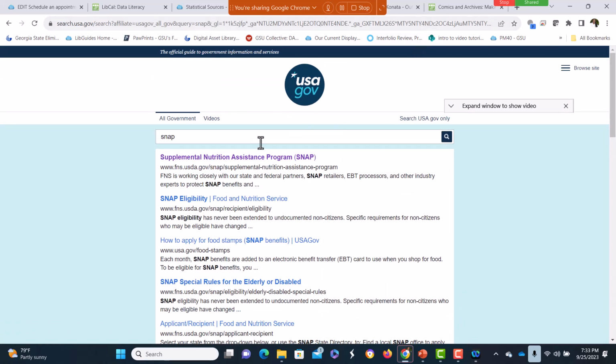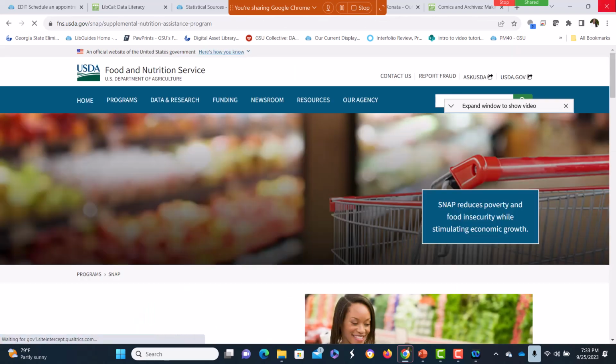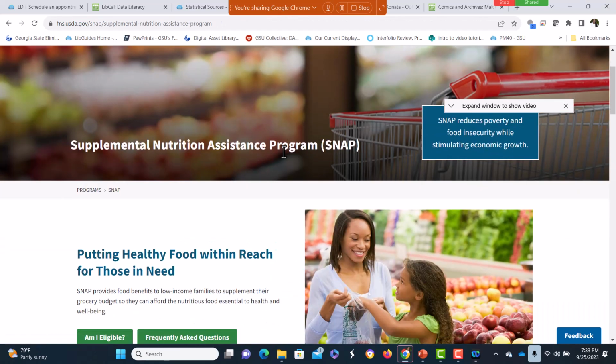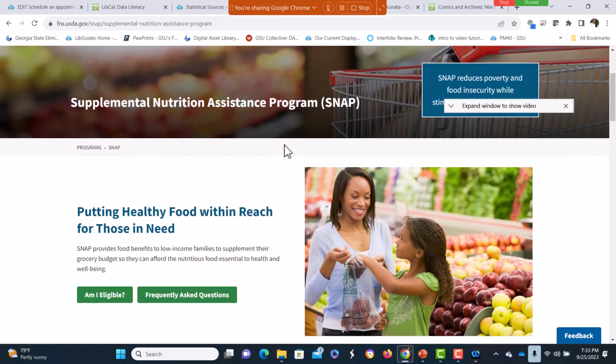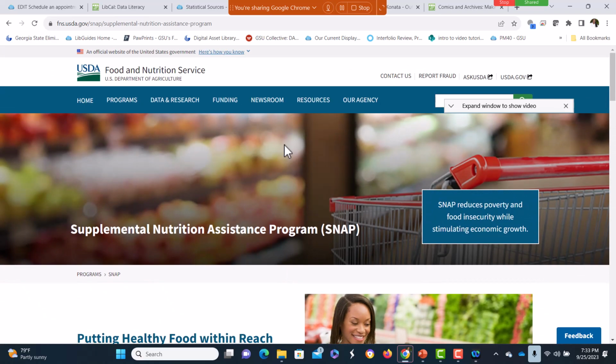The other thing is because we could have gone USDA, and we can see that it's actually coming from the USDA. We could have gone USDA.gov, and let's see.